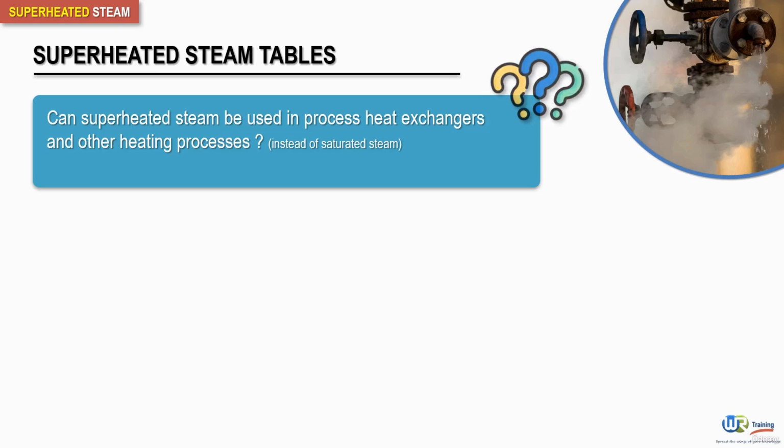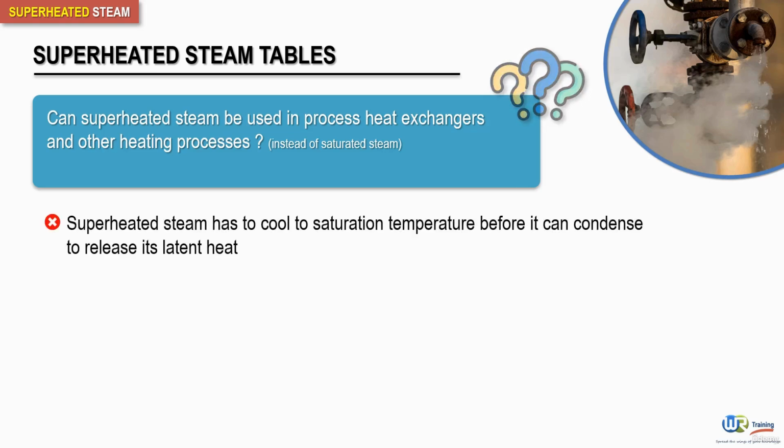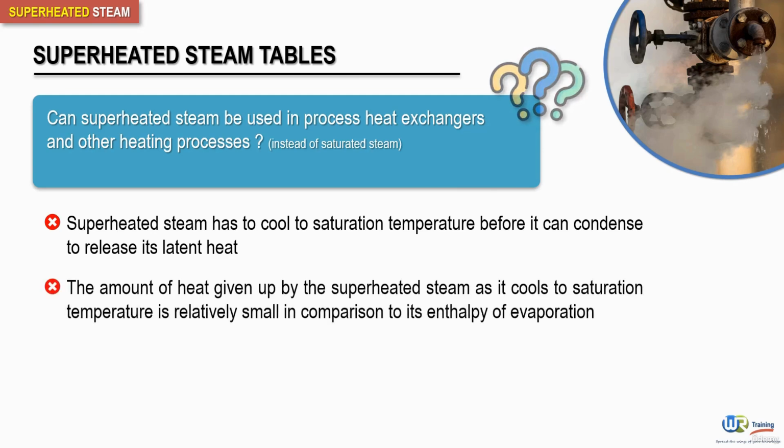First, superheated steam has to cool to saturation temperature before it can condense to release its latent heat or enthalpy of evaporation. The amount of heat given up by the superheated steam as it cools to saturation temperature is relatively small in comparison to its enthalpy of evaporation.